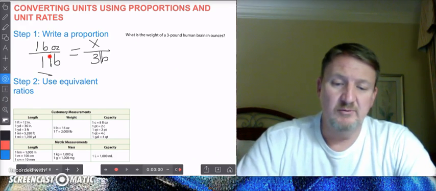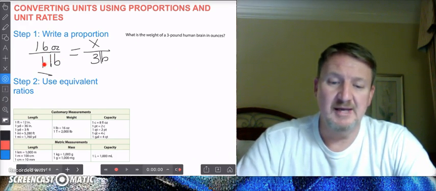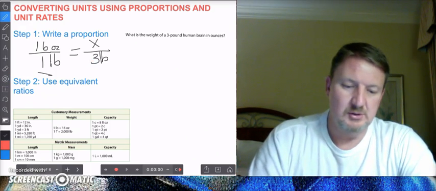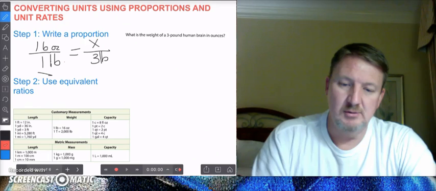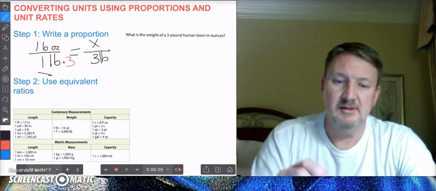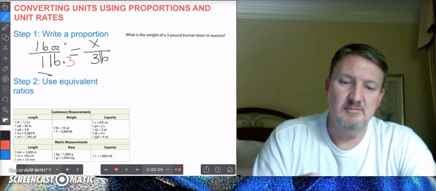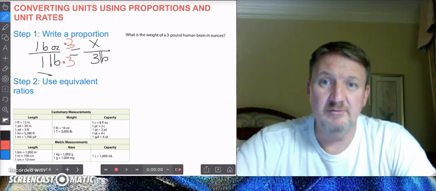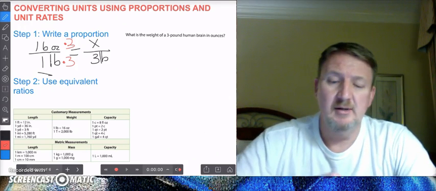So in this case, hopefully you can say, I multiplied that 1 times 3 to get to 3. So you would say, I multiplied times 3 to get that 3. So then you just basically multiply the top by the same number in order to keep it equivalent.